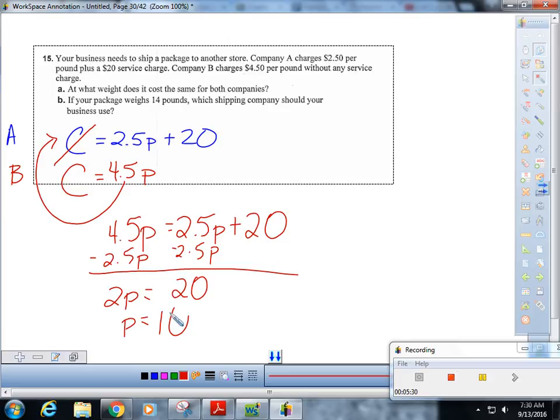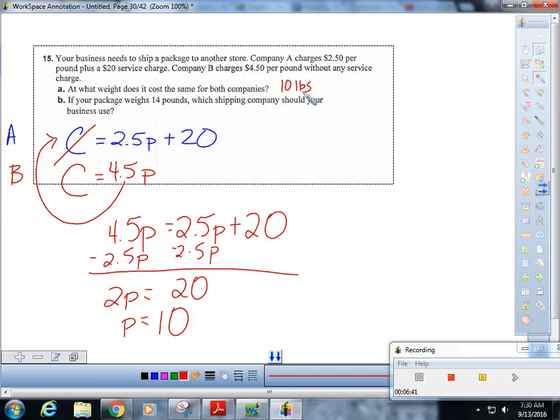But what this is telling you is that the more weight you're going to have shipped, the more likely you would be to use the A equation. Does that make sense? All right, so at what weight is the cost the same for both? 10 pounds.